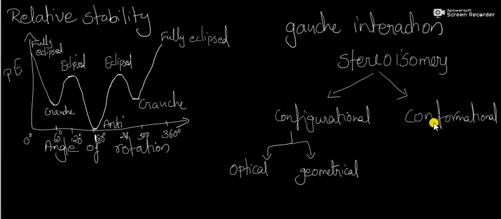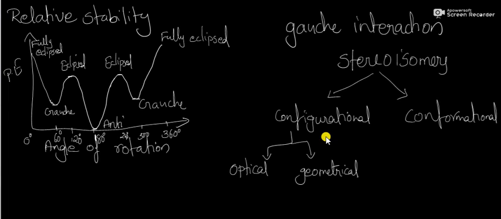What is the difference between conformational isomers and configurational isomers? Any of the different spatial arrangements of atoms or groups in a molecule that arise from free rotation about a single bond is called a conformation. Whereas, what do you mean by configuration? The specific spatial arrangement of atoms or groups that characterizes a particular stereoisomer is called its configuration.